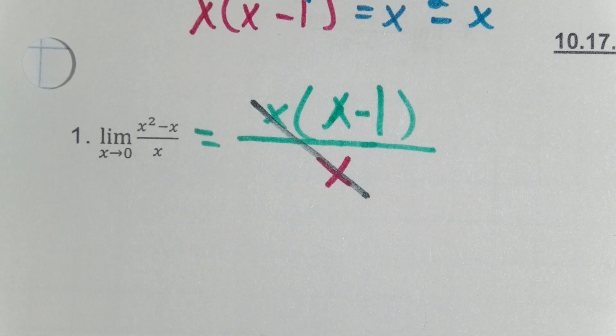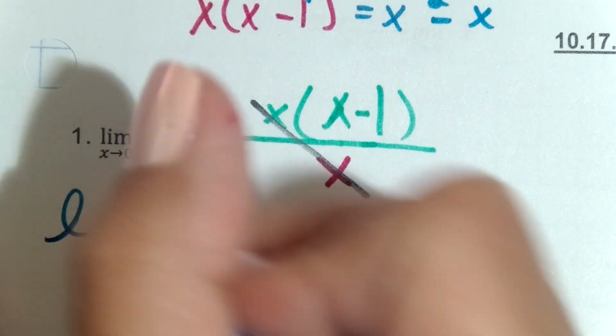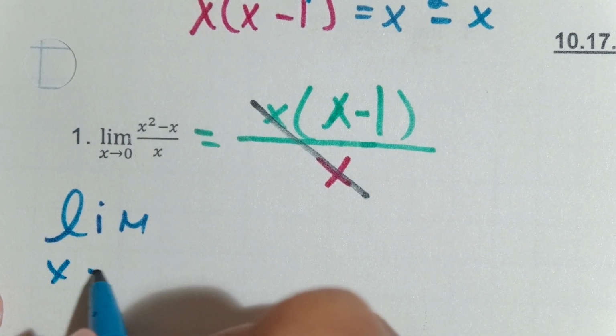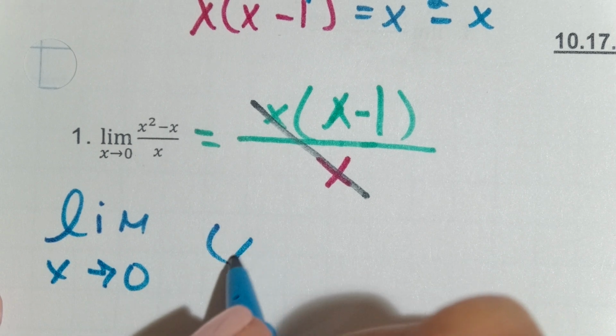What does step 4 say? Rewrite the limit. So we have the limit as x approaches 0 of x minus 1. Are there any questions on that part?